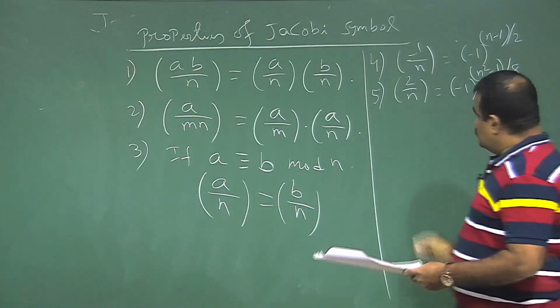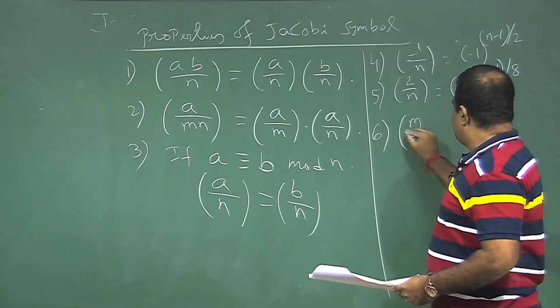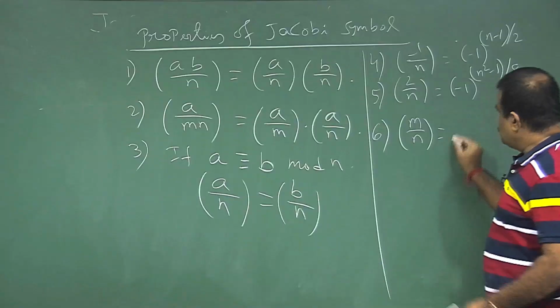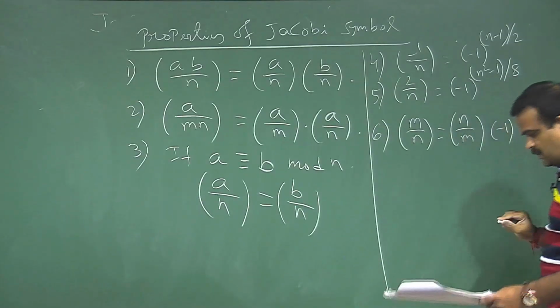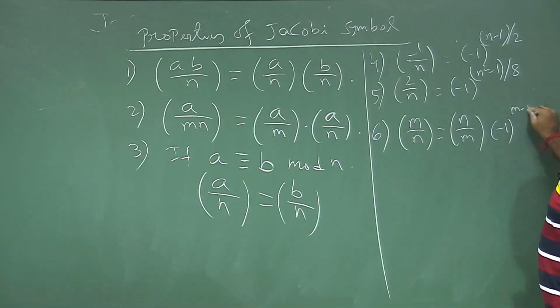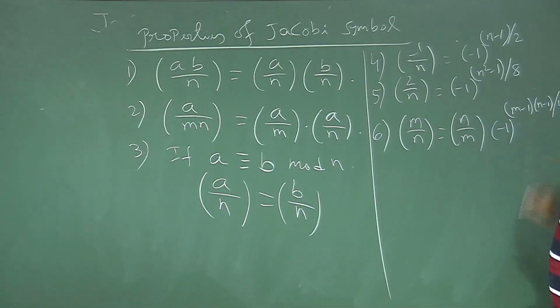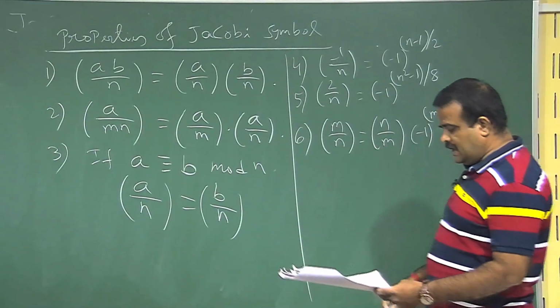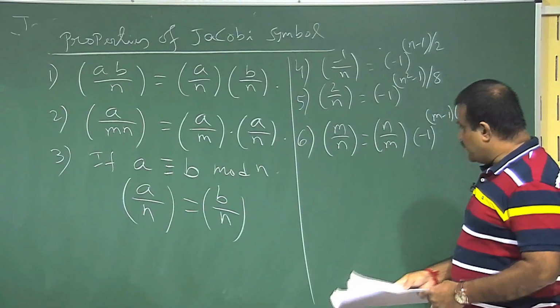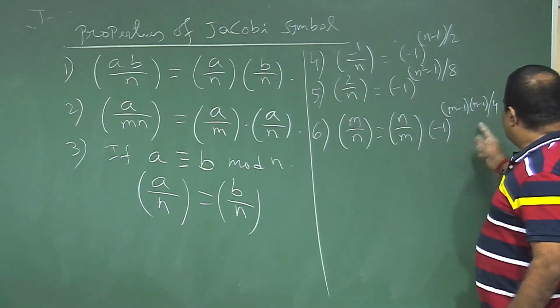Okay. Now we have a reciprocity theorem. (m/n) is equal to (n/m) times minus 1 to the power (m minus 1)(n minus 1)/4. This can be easily checked by using the factorization and then the Jacobi symbol. So this is either 1 or minus 1 depending on this value.